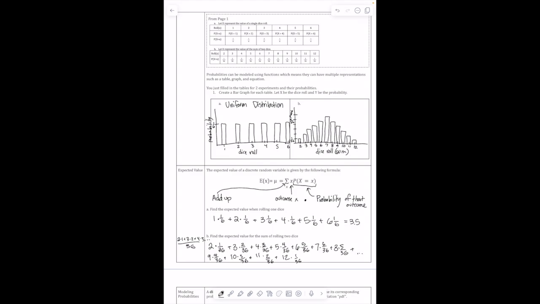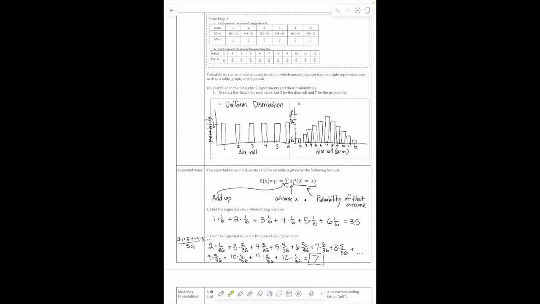Okay, I'm getting 7, which makes a lot of sense. Yes, 7, which is what we can already see from looking here.